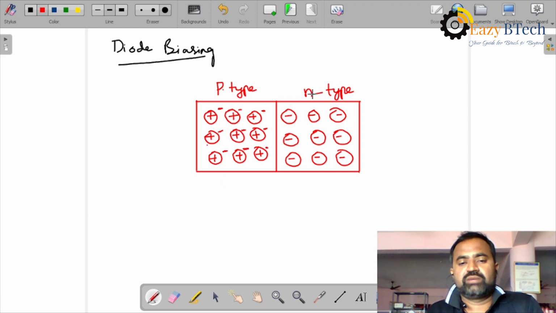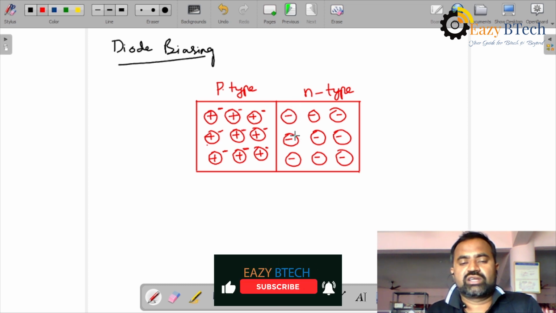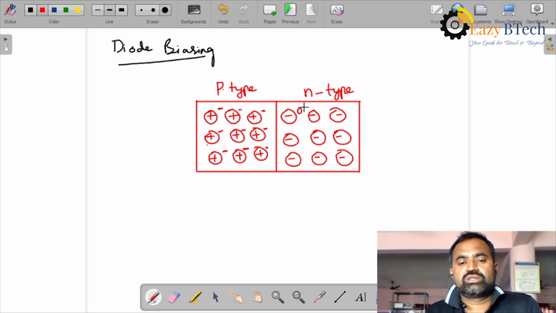In an N-type semiconductor, we have majority charge carriers as electrons and minority charge carriers as holes. These all are the holes. These are majority carriers. Negative acceptor ions.